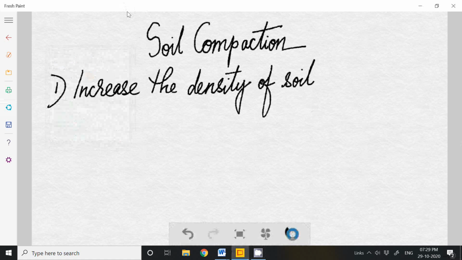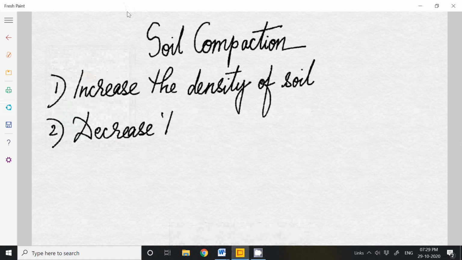and decrease the air voids, obviously. Decrease the air voids in the sample.